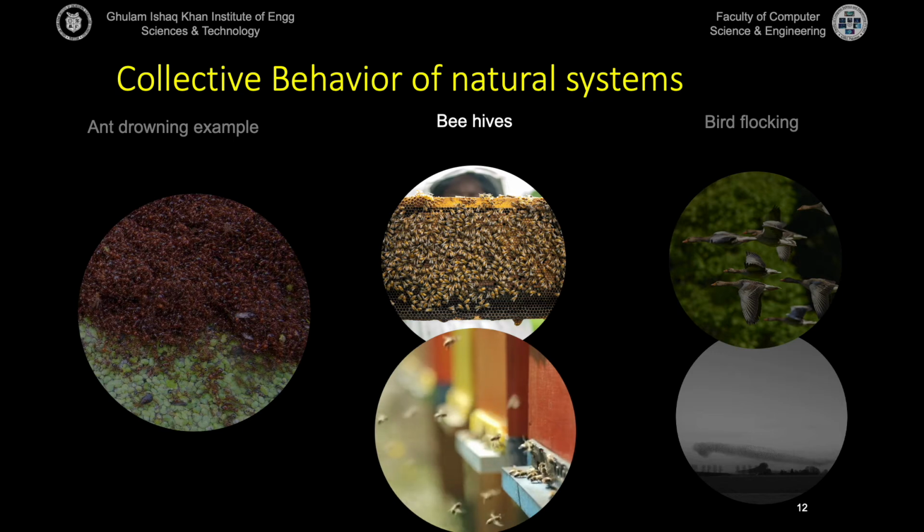So after ants, let us talk about another very important natural system which thrives by the collective behavior. Bees are known to be a very important social contributor to life on earth, mainly because they are excellent pollinators.